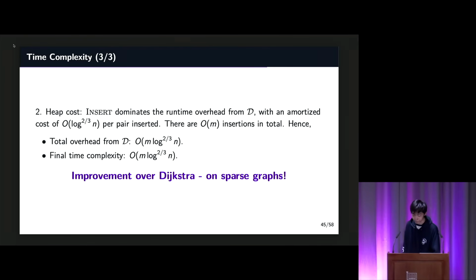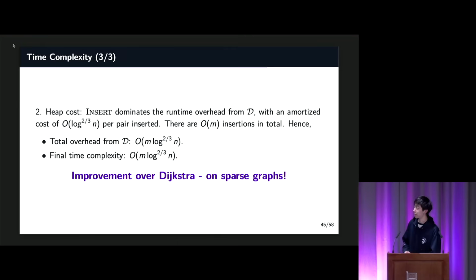Okay, let's look at the heap cost. For the heap cost, actually, we can show that insert dominates the runtime overhead with an amortized cost of log n to the power of 2/3 per pair inserted. However, there are only O of m insertions in total. And why is that? That's because each edge only triggers an insertion when it gets relaxed.